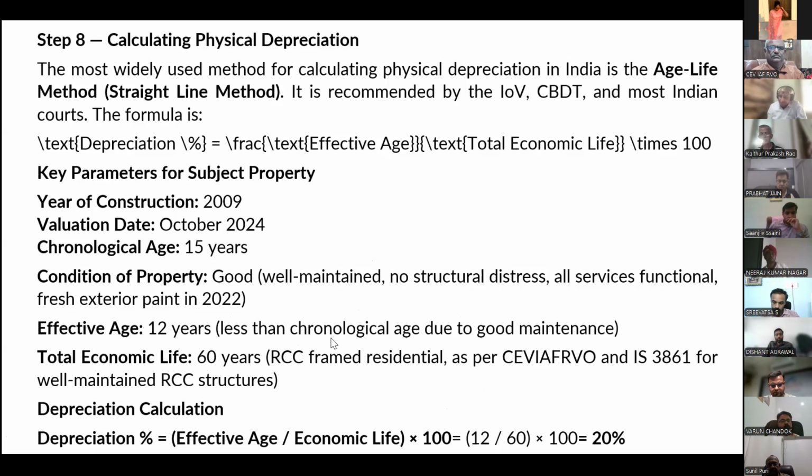So basically for calculation of depreciation, you don't have to take into consideration chronological age. You have to go for effective age. Effective age may be less than chronological age or it may be higher than chronological age depending upon the conditions of the building.